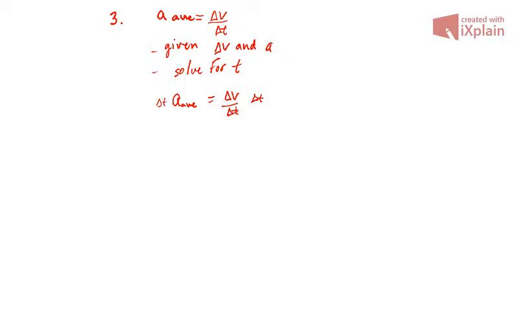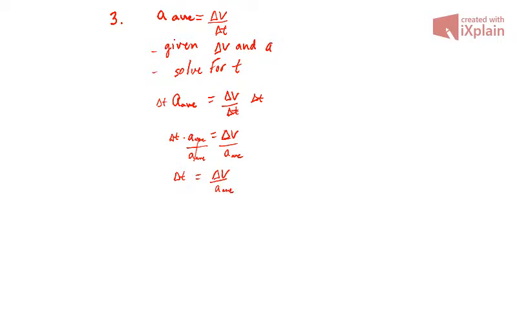So delta t times a average equals delta v, but we don't want to find delta v, so we have to do more to get delta t by itself. We'll divide by the average acceleration. So a divided by a cancels, and you get delta t equals delta v over a average.